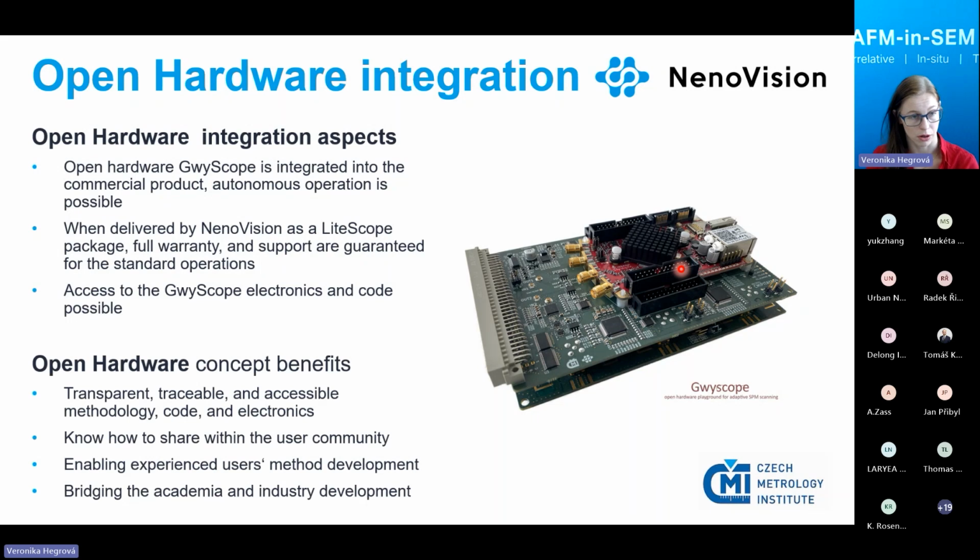But as it's open hardware, it can be accessed. It's transparent and accessible methodology, code, and electronics, which can be changed. And the nice thing about it is that the know-how is shared between the user community. So academia and industry development is cooperating and can make the development faster.